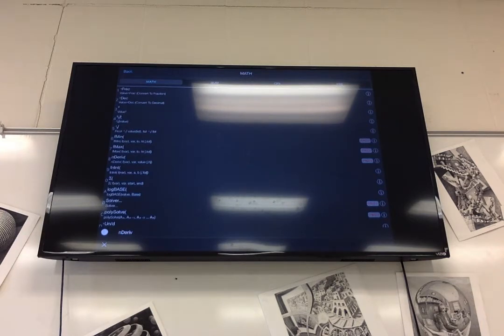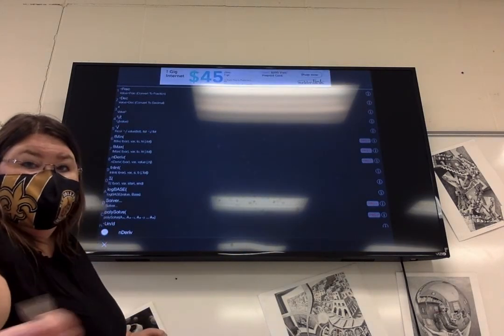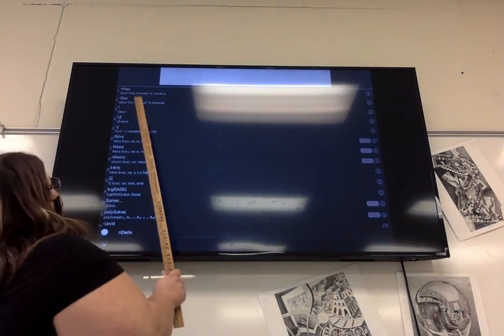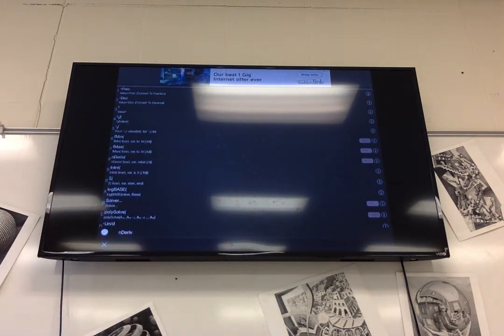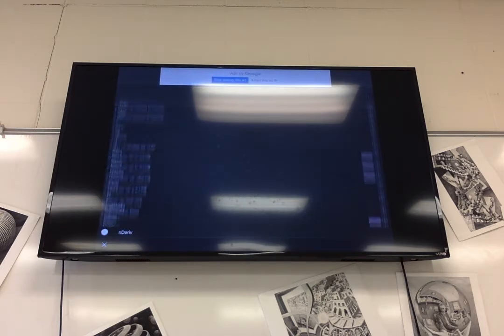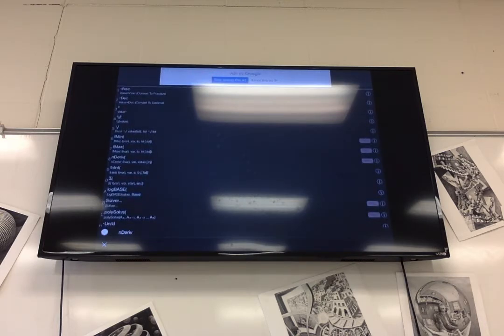And then across the top, and you can do this on Desmos at home. Across the top, oh, mine must be covered up by that. But across the top you see Math, Num, all these other things.